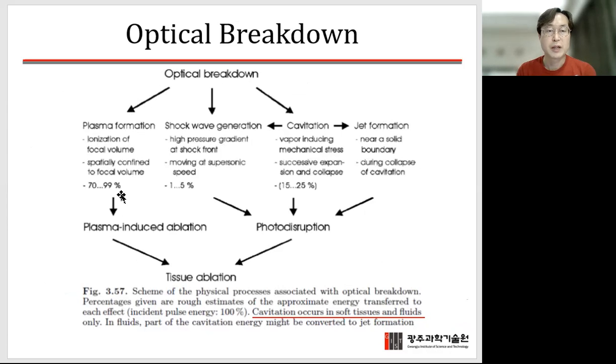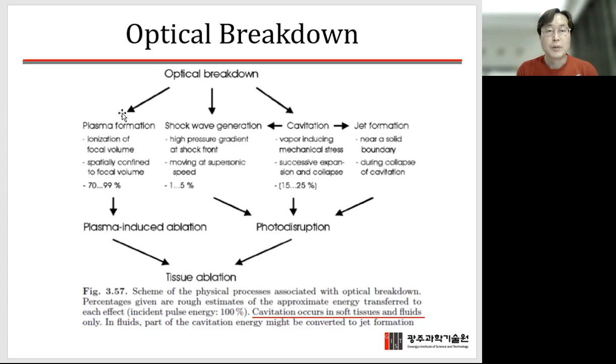And this plasma is basically an ionized state. So when the light is focused in a very, very small volume with a very, very high density of power, then it can cause the plasma. And the plasma basically makes the material ionized, so making positive and negative charges like that.